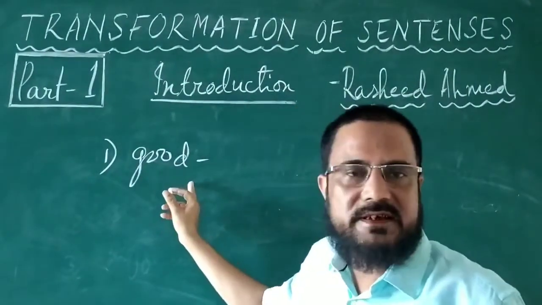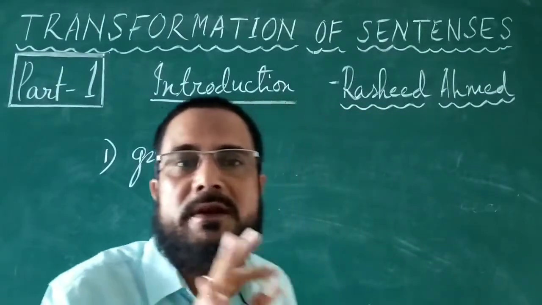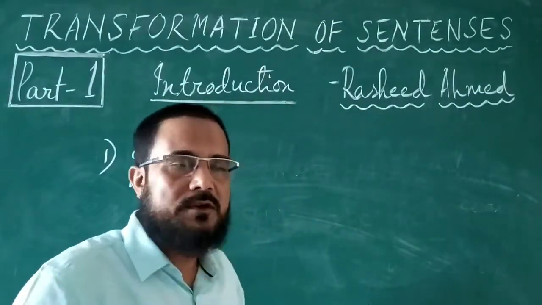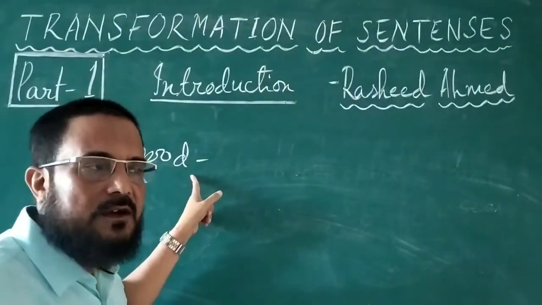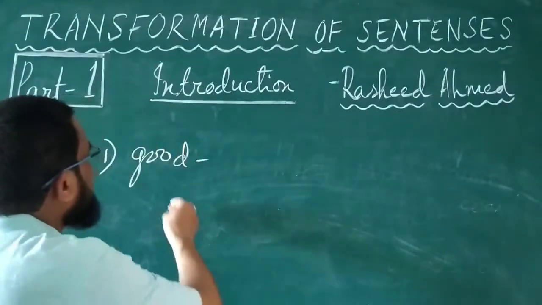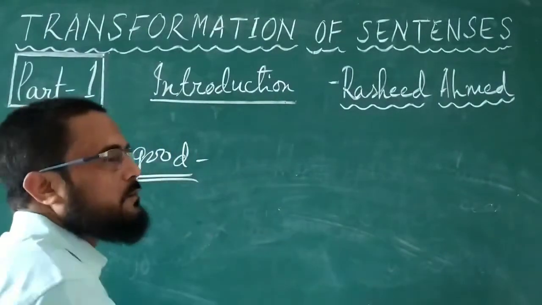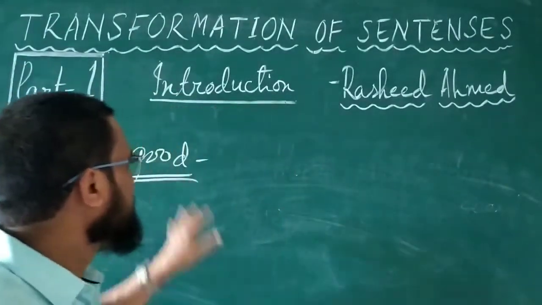Neither est nor more, most. You are not to say goodest, or more good, most good. You are neither to add er or est to make it comparative and superlative, nor are you to use more or most before the word. What you have to do is change the word itself. Quite different words having no link with good will be used.